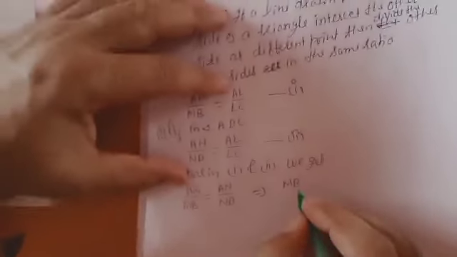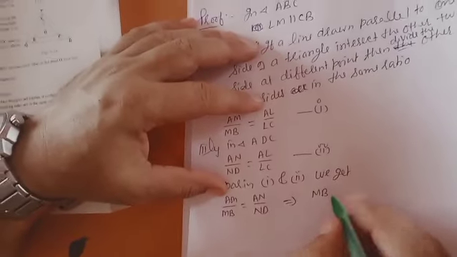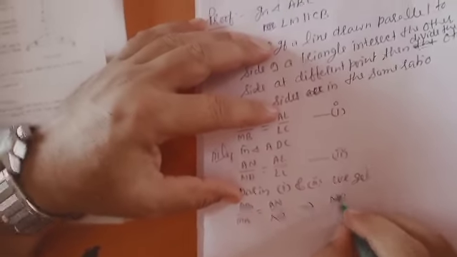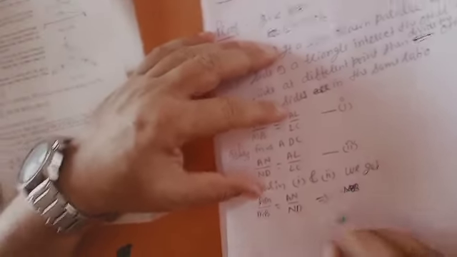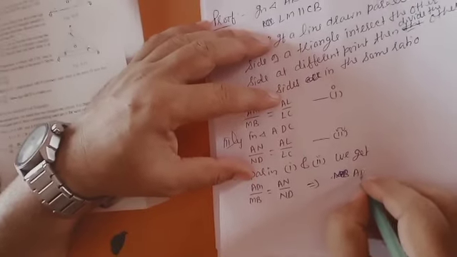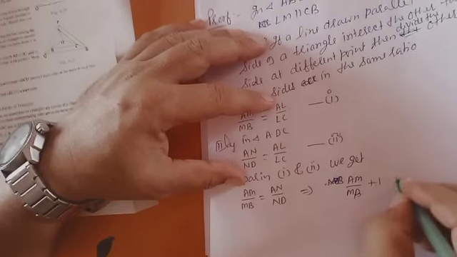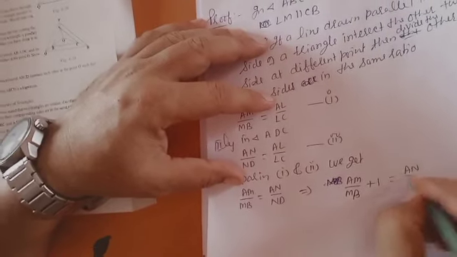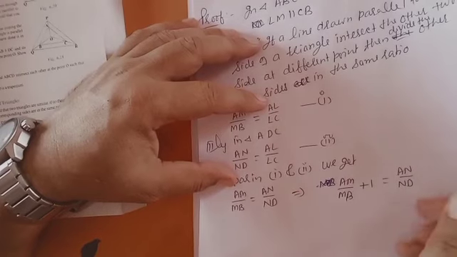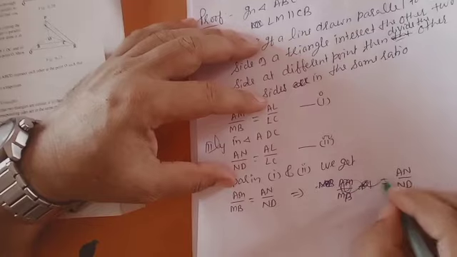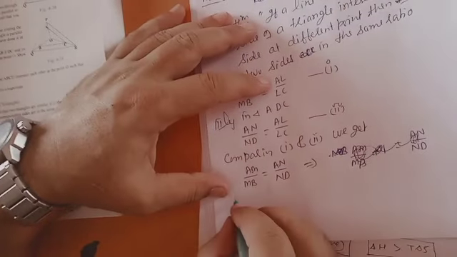This implies MB by what? You can say like this, or you can say this also. Then AM by MB, adding 1 on both sides, AN by ND. Sorry, after this step, reverse it.